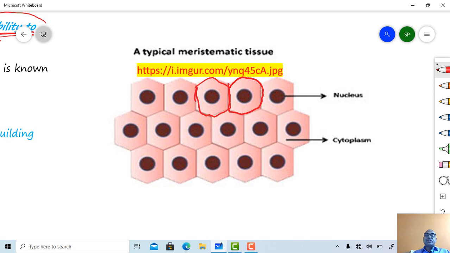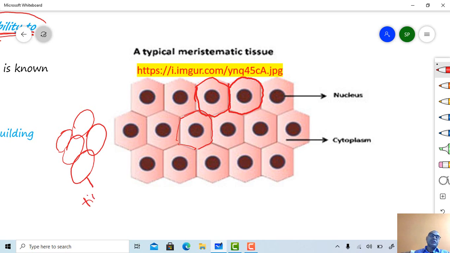If you see here, these meristematic cells are compactly arranged. These are generally thin walled. These cells do not possess intercellular space. What is intercellular space? Suppose this one is a cell, this one is another cell, this one is a third cell. Suppose such a group of cells forms the tissue. So this is a cell, this is a cell, and this is a space. This space is the intercellular space.